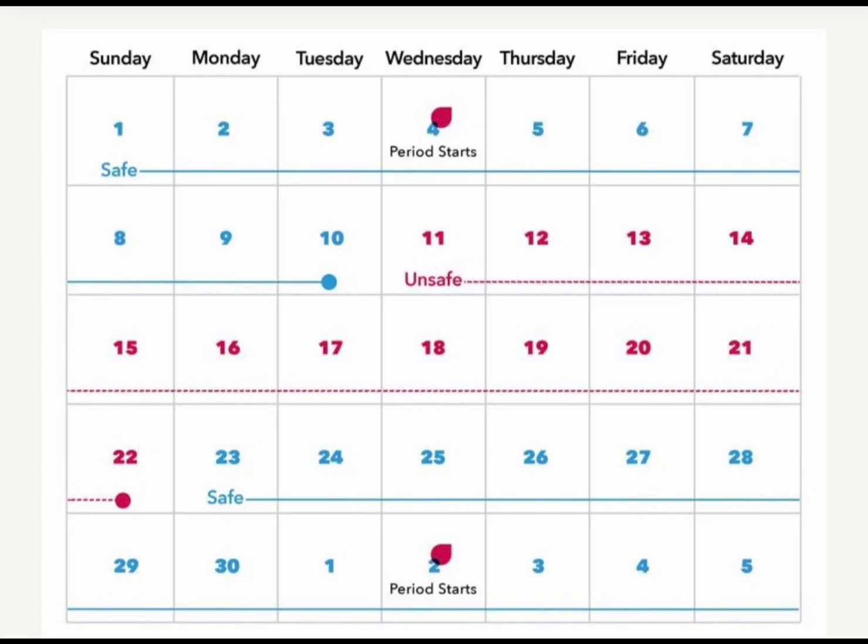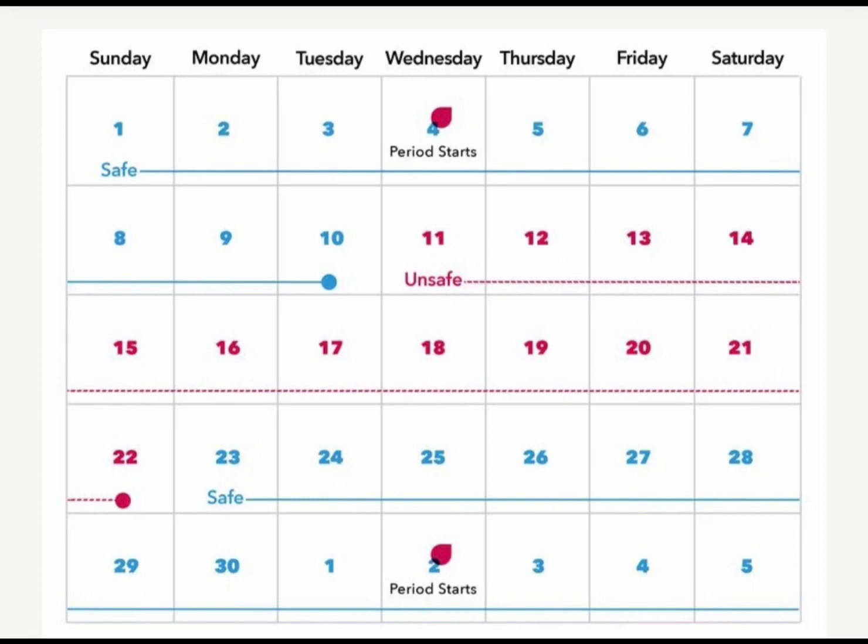So let me give you an instance so that you understand it very well. For example, if your shortest cycle is 26 days long, then you need to subtract 18 from that 26. If you subtract it, it will give you 8. You then count 8 days starting from day 1.